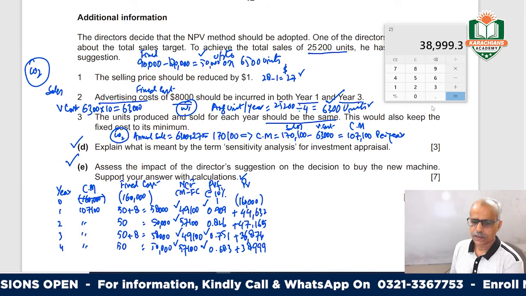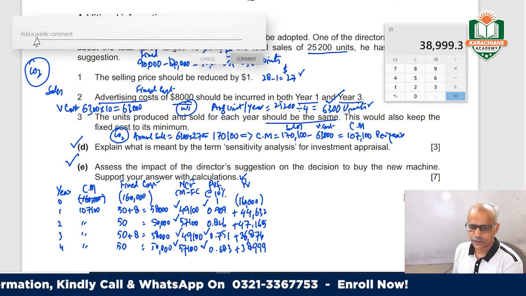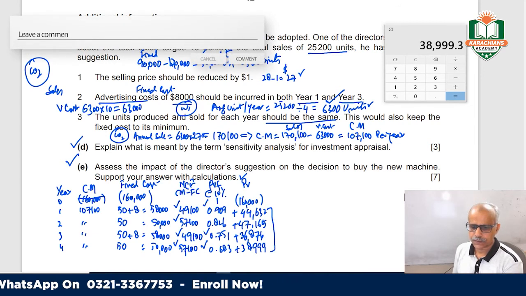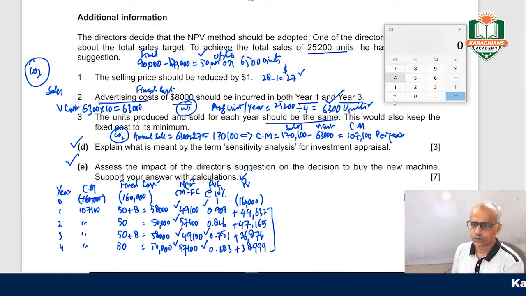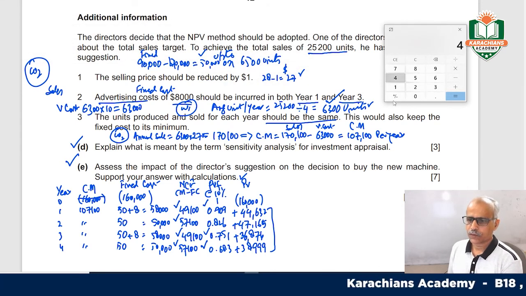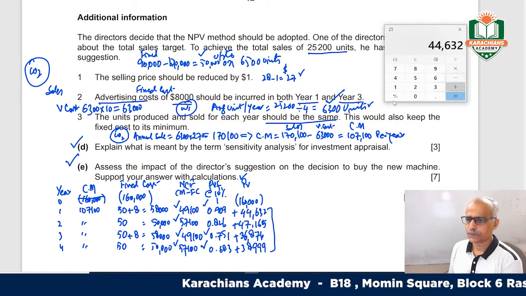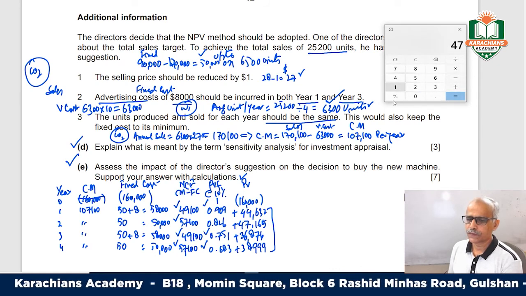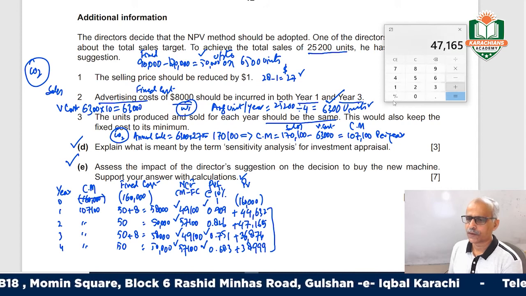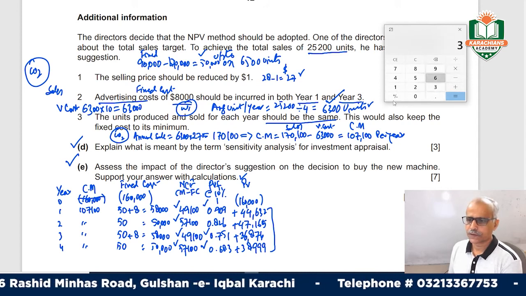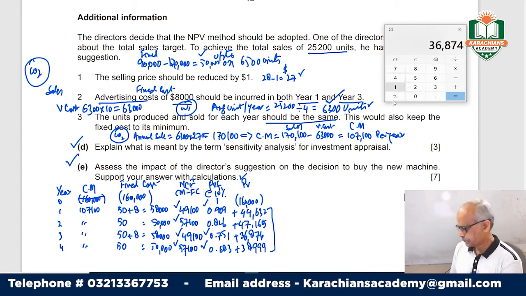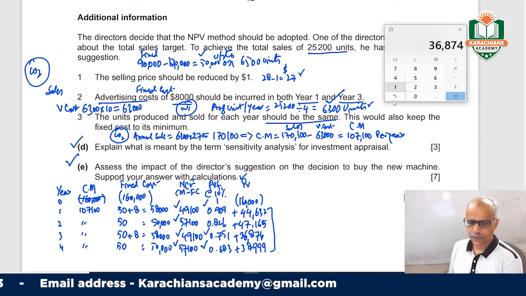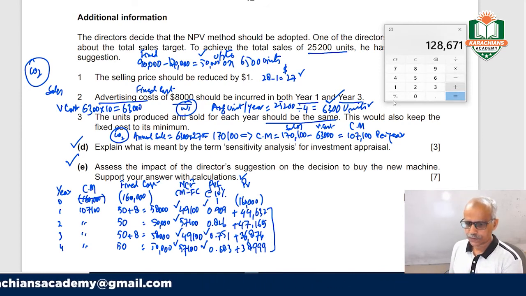So how much is your positive values? If we calculate all the positive inflows, 44,632 plus 47,165 plus 36,874 plus 38,999.